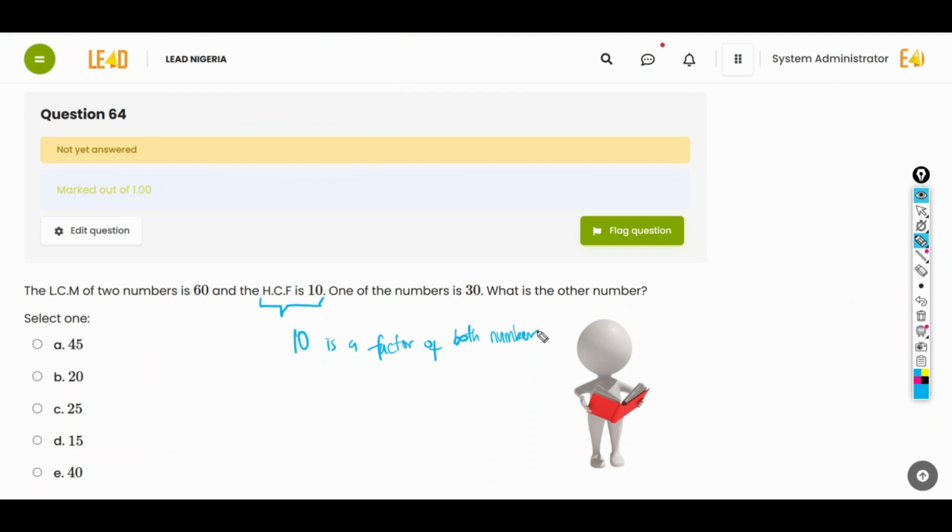And then if the LCM is 60, that means that 60 is a multiple of both numbers. So look at the options. 60 is not a multiple of 40, so the answer has to be B, 20. 10 is a factor of 20, and 60 is a multiple of 20 also.